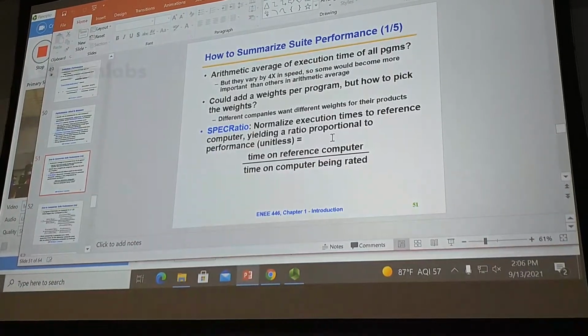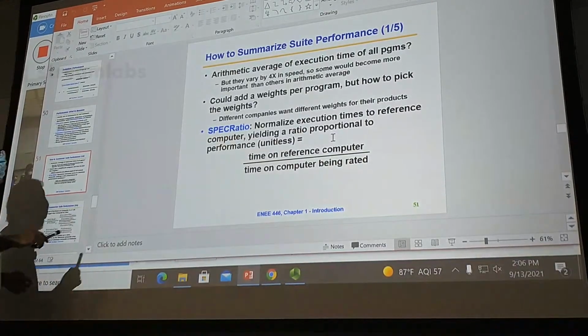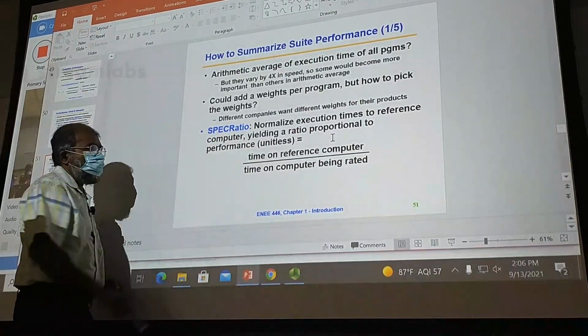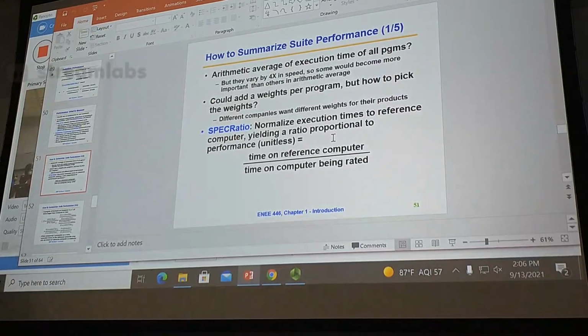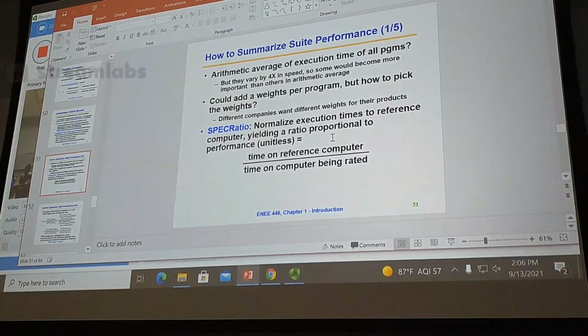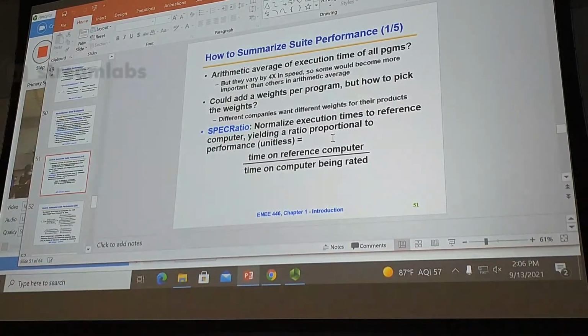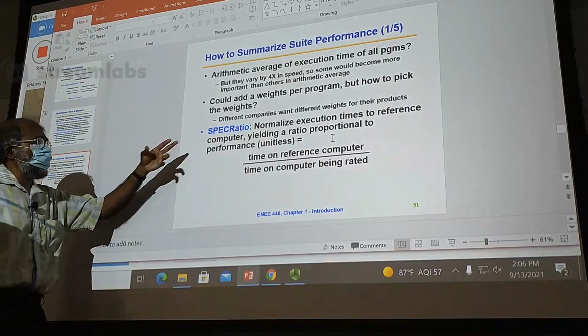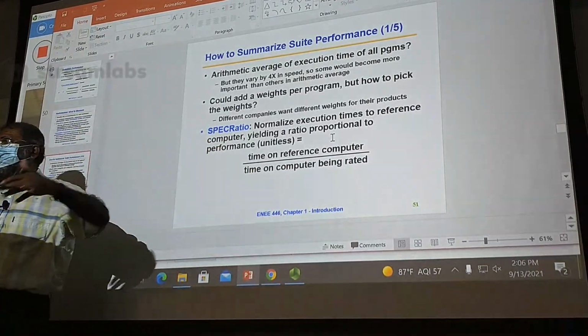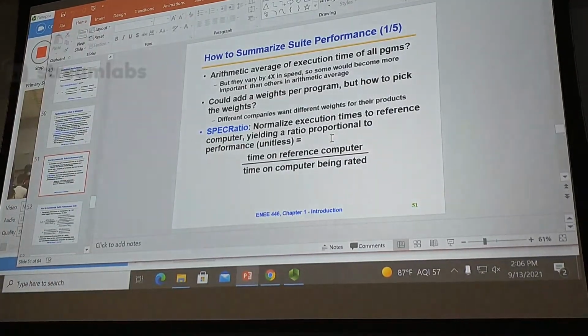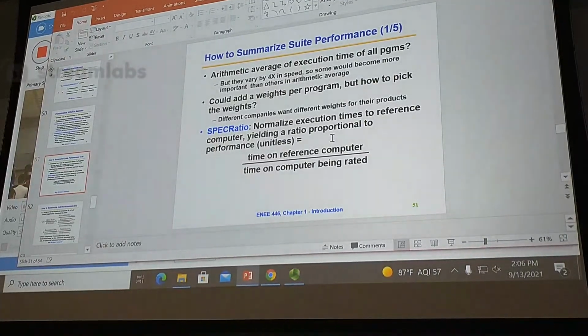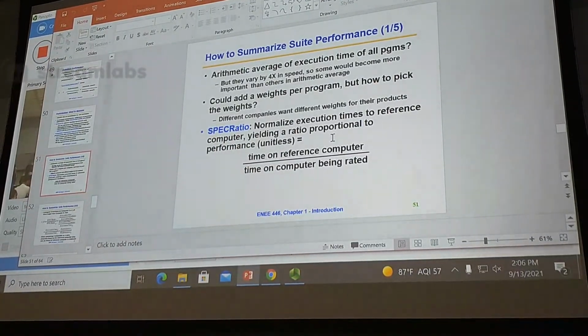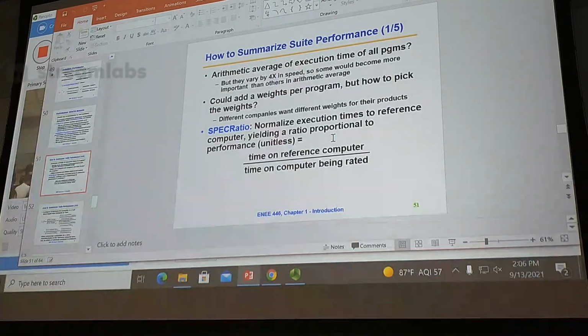Now the SPEC consortium has come up with a specific way to come up with a single number, which they call SPEC ratio. They also do separate SPEC ratios for integer programs and floating point programs. If you care about those differences, you can use those two numbers.